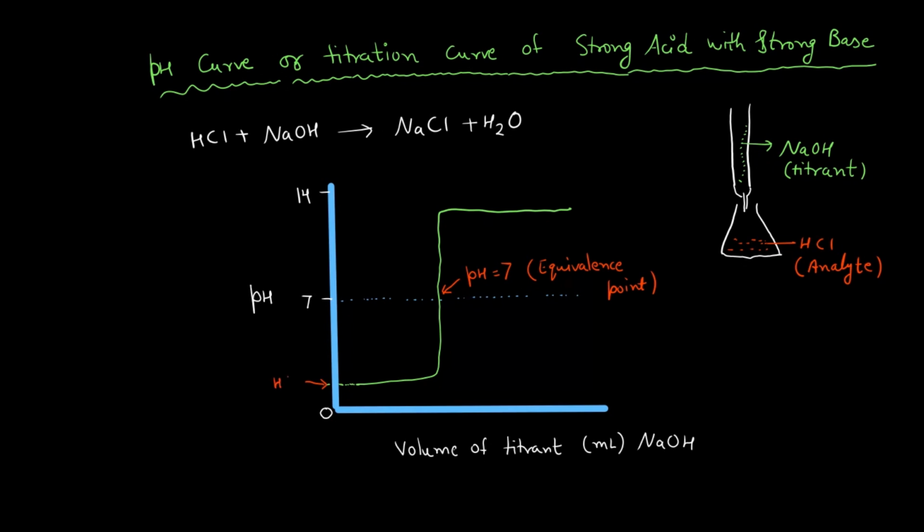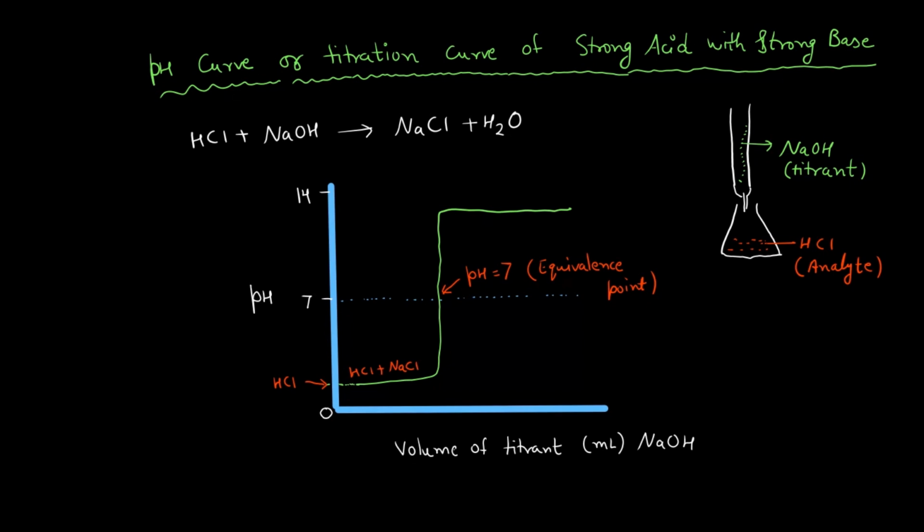This is the pH of the HCl, and when we add NaOH drop by drop to the analyte HCl, it reacts with HCl to form sodium chloride. So at the beginning of the graph we have HCl and sodium chloride.